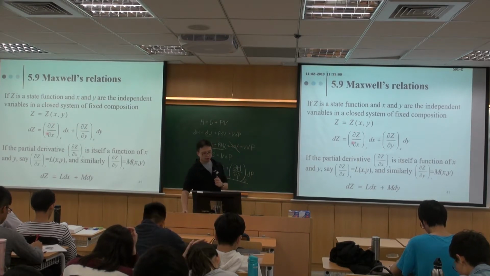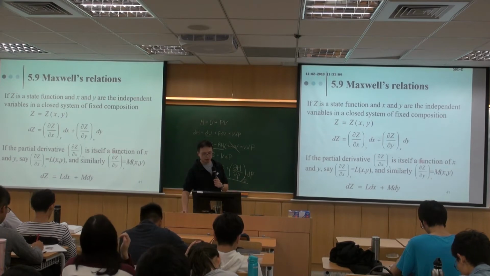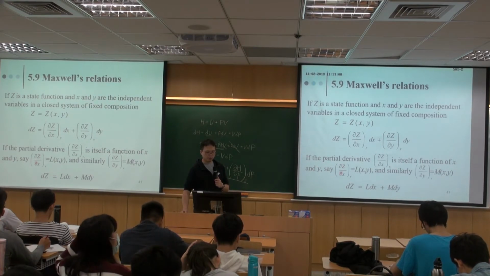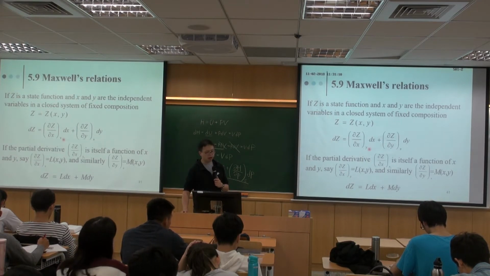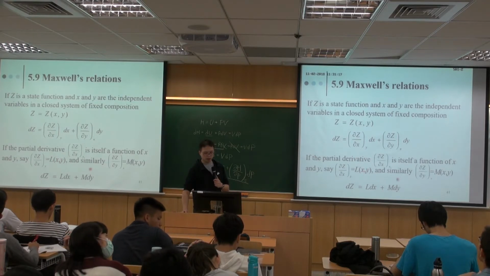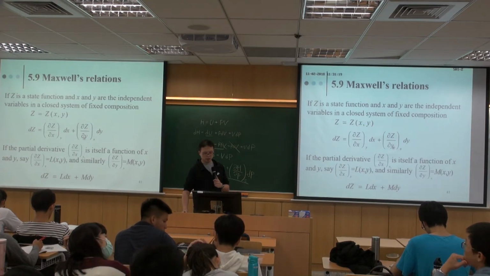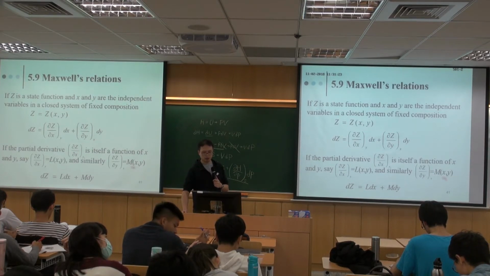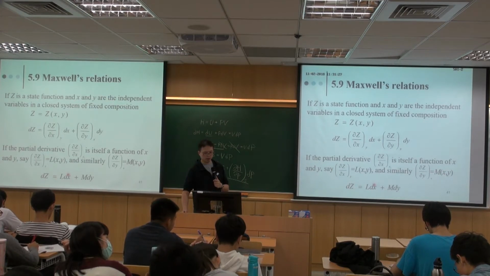If the first partial derivative, partial z, partial x with fixed y, is itself a function of x and y, let us call that L. Similarly, let us say this second partial derivative is also a function of x and y. Then dz is something like this.